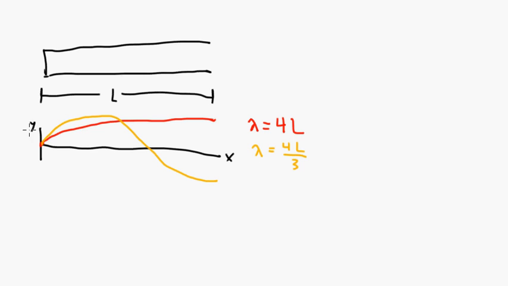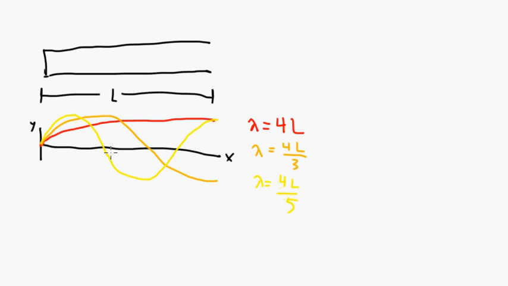And then the next one, we do this in yellow, is 5. That's going to look like that, and then like that, and then something like that. So that's going to be lambda equals, no, I'm sorry, that's not 5L over 3. It should be 4L over 5. My mistake. So this one tube can resonate at these frequencies and then at even higher ones.